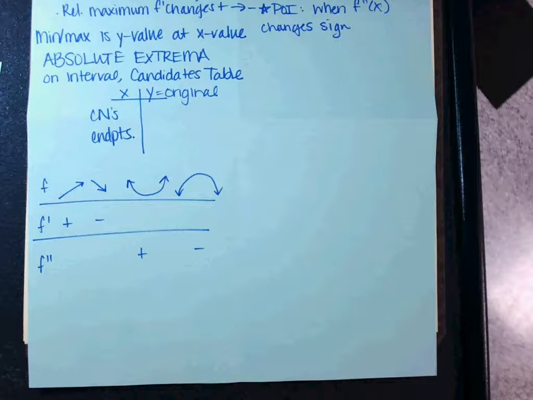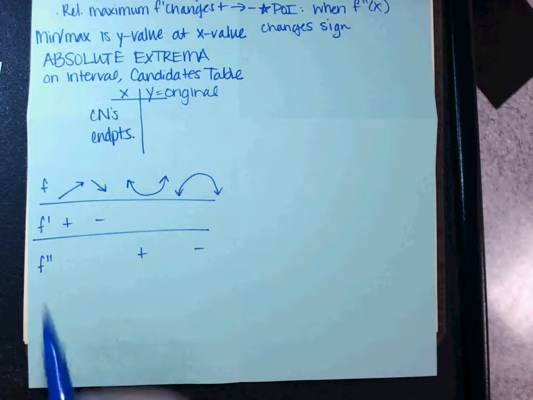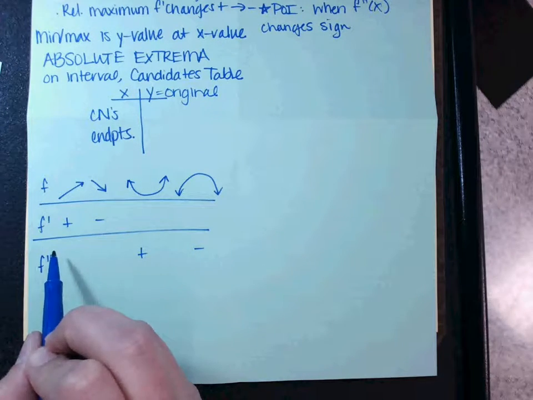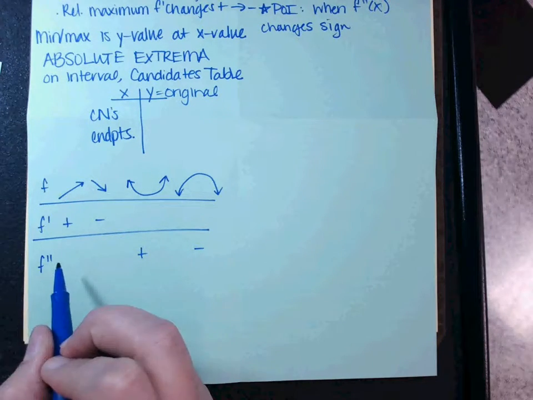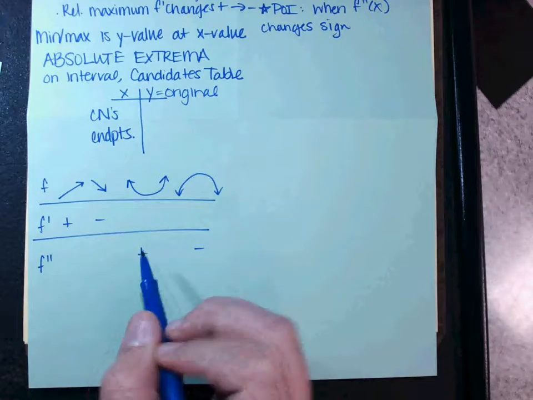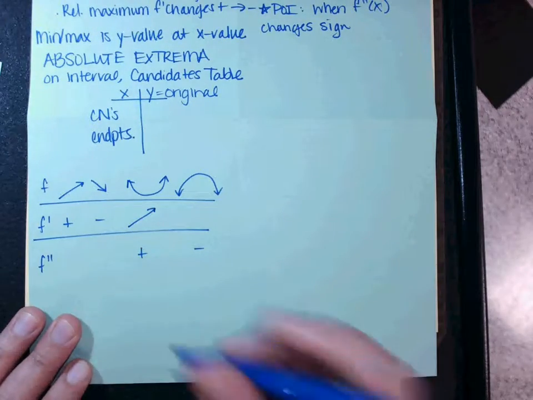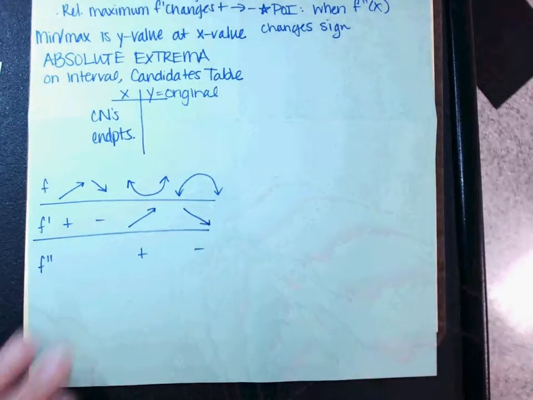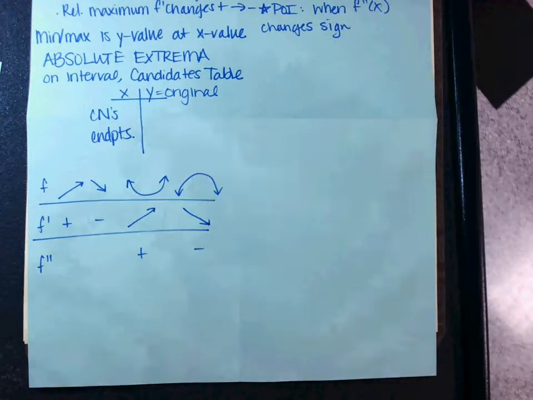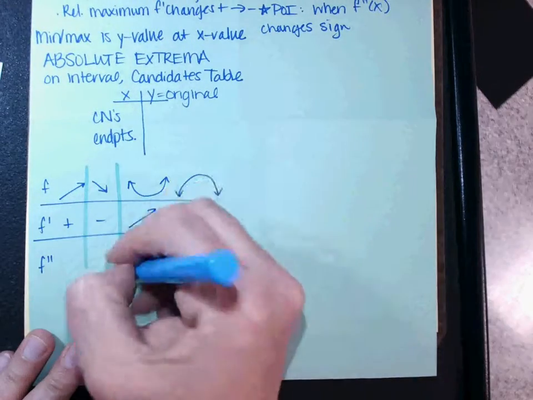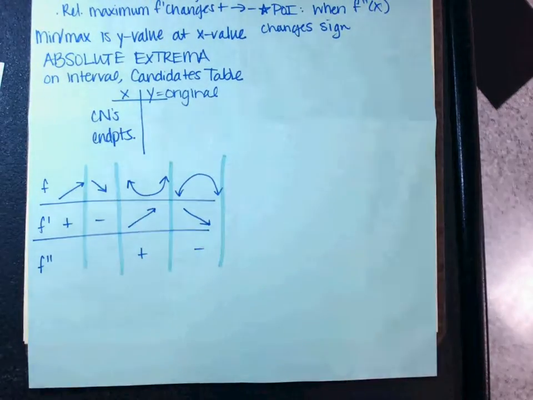However, remember that f double prime also tells us stuff about f prime, because f double prime is the derivative of f prime. So if f double prime is positive, that means that f prime is increasing. And if f double prime is negative, that means that f prime is decreasing. So that might give you a bit of a pictorial explanation or connection between those.